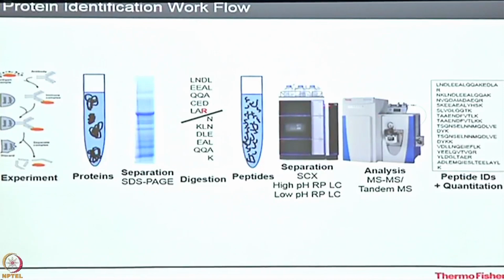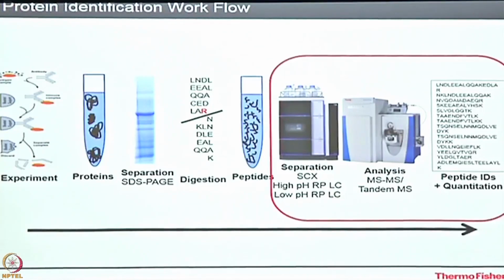Those peptides are fractionated through LC and introduced to the mass spectrometer, where you get the masses of those peptides. Then you search against some database using search tools and identify those peptides. Today we'll discuss mostly the mass spectrometry part: how you can introduce the peptides into the mass spectrometer, and how you can analyze the data.